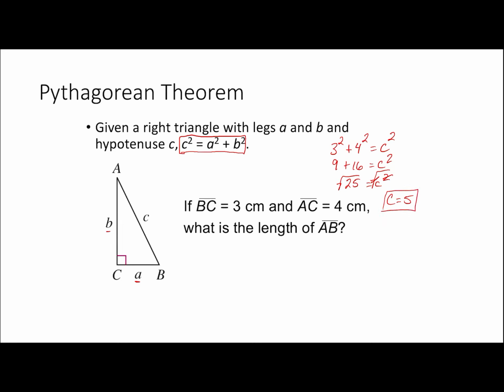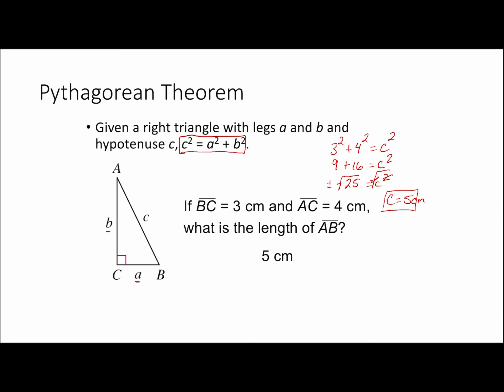I will point out the algebra issue here: it's actually the positive or negative square root of 25, but you can't have a negative side length, so we only consider the positive part. The square root of 25 is 5, so it is 5 centimeters. Don't forget to put your centimeters. I left it off, but make sure you put your unit so we know what we're talking about.